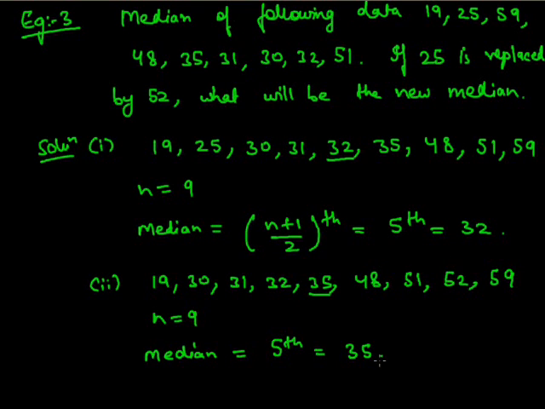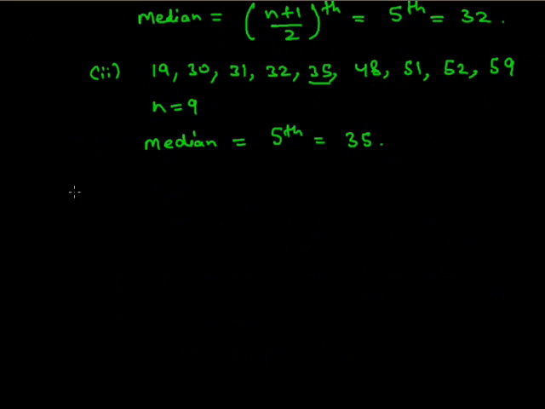So this is the way to solve the question on median. And now we move on to the last part of this, that is mode. The method to find the mode is that the observation with the highest frequency is known as the mode.